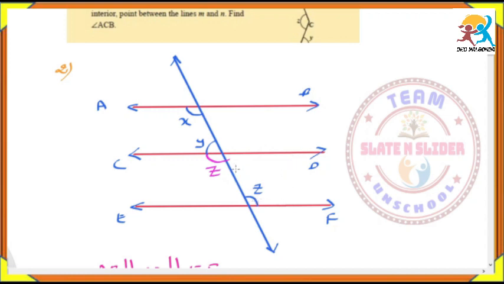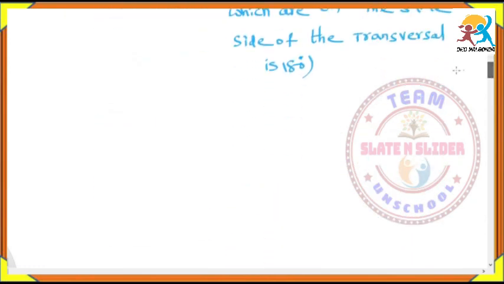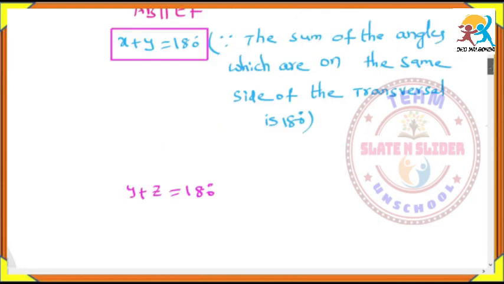These two lines are parallel and it is a transversal, so alternate interior angles are equal, so it will become z. And this y and z are a linear pair, so their sum should be 180 degrees. So we will write y plus z is equal to 180 degrees.